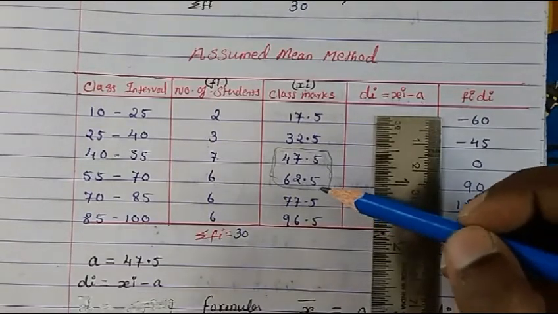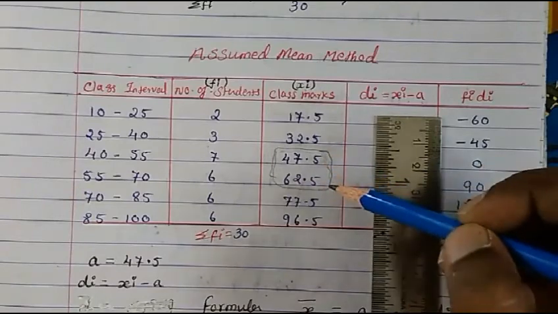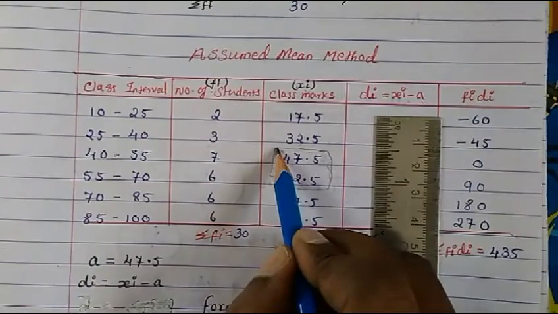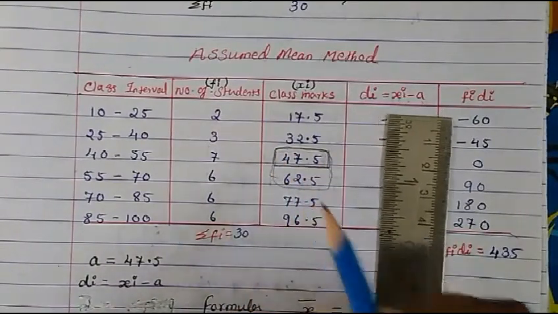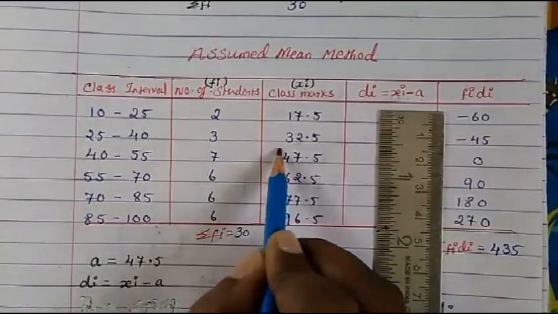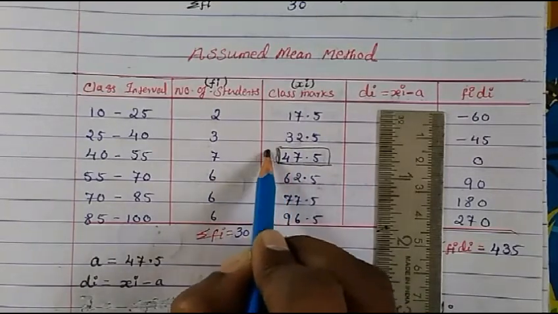But this is an even number, so we are getting two numbers, and between these two we can choose any one. We will take the slightly lesser number, so we choose this one as our assumed mean. This is our a value.